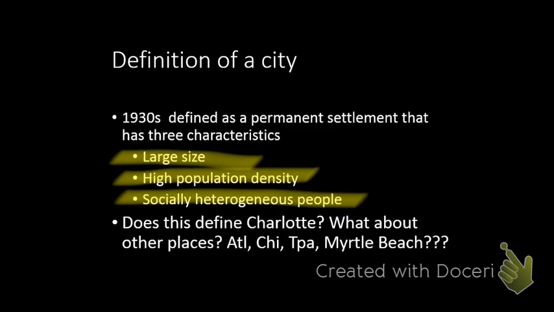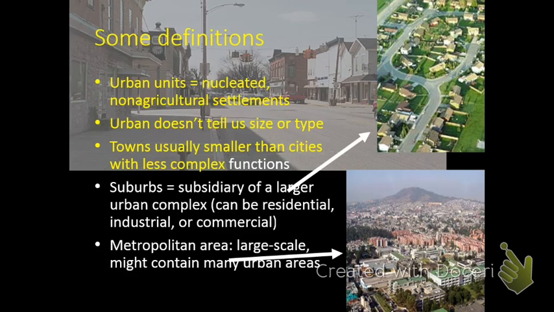And we took some time. I always like to draw on our own experiences and think about the places that we've been, and maybe whether they would be considered cities or not. Charlotte, Atlanta, Chicago, Tampa, Myrtle Beach. Some of the other terms that we may hear during this unit: of course, we'll talk about towns.